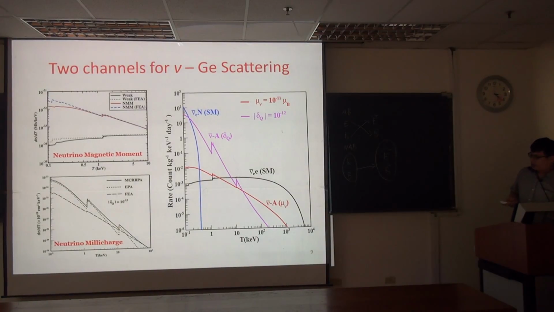So our result is a much improvement over those two simple approximations. And with these two results, we can see that there is a big enhancement at low energy transfer compared to the standard model weak interaction background. This is about the current upper bound for the magnetic moment and millicharge.